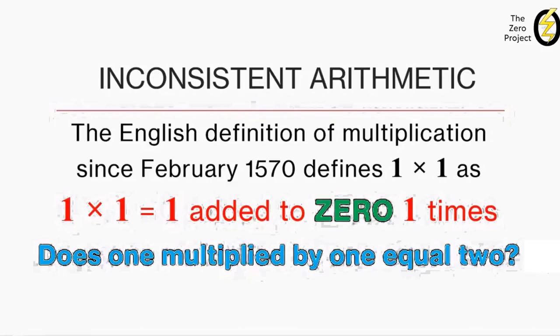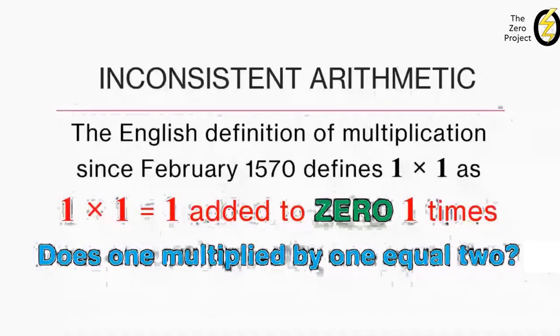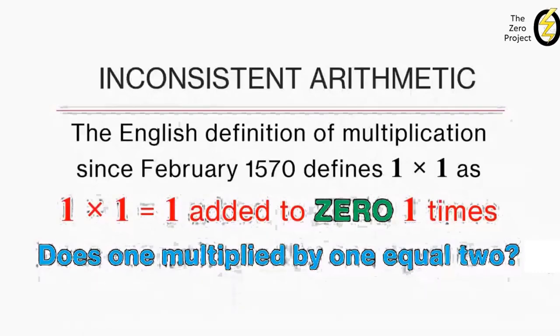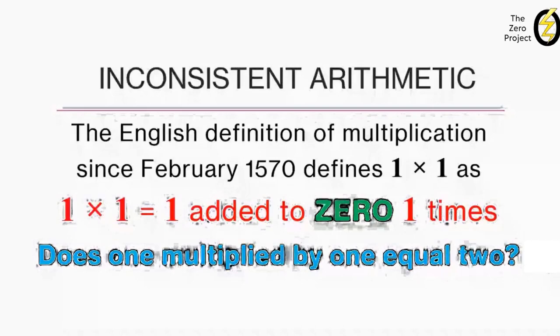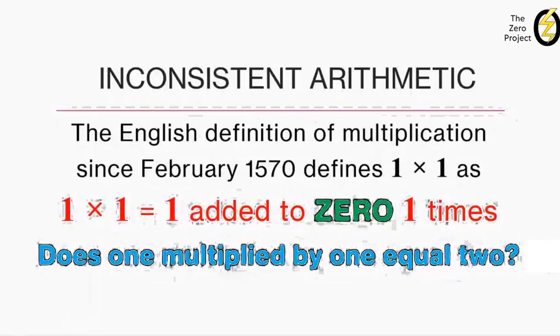The word itself shouldn't have been in the definition of multiplication. The word zero should have been there, and yet this definition of multiplication is attributed to Euclid from 300 BCE, and so nobody ever changed it because they thought it was Euclid's definition.